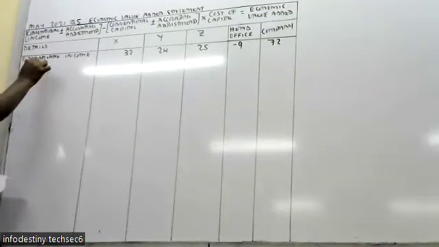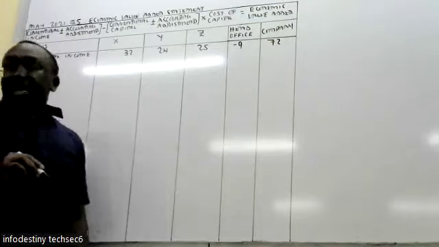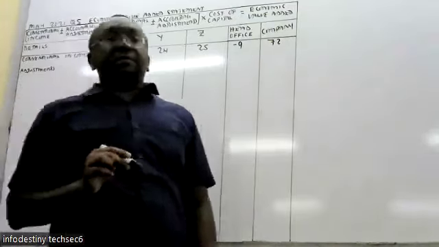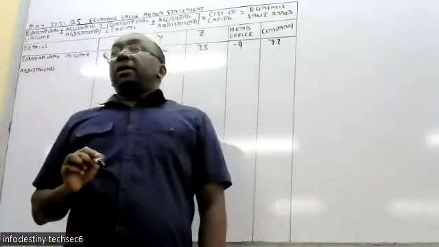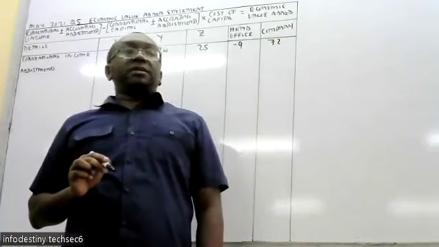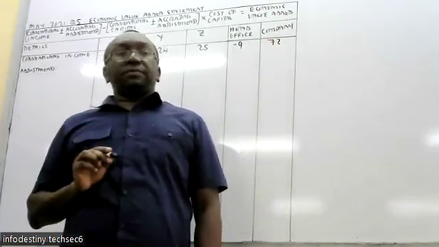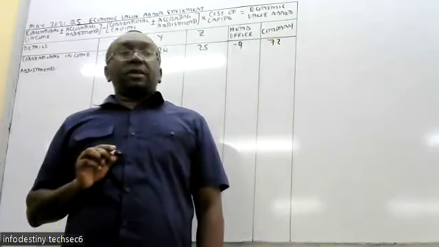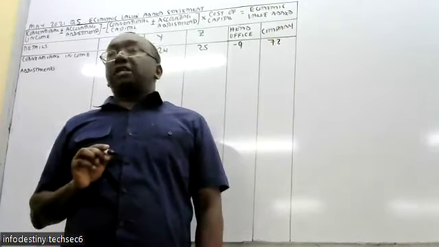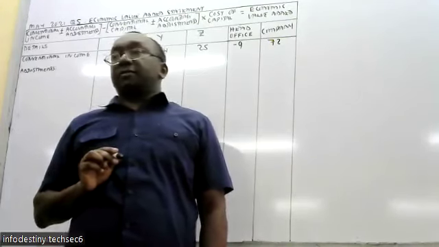Now, in the notes, I gave you a list of adjustments. But in that list, we do not include the head office items, because you are expected to know that it is there.